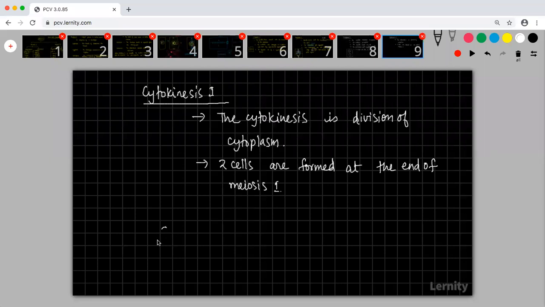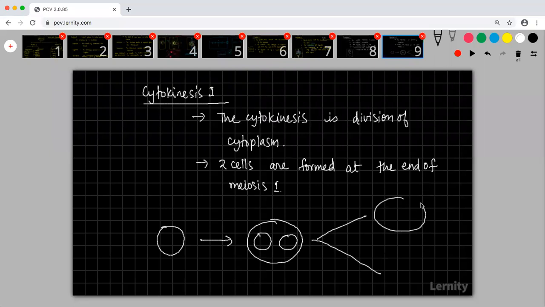So one cell was there, it underwent division into two nuclei, and then it has divided into two cells with two nuclei. So with this, what has happened? Meiosis 1 has completed.